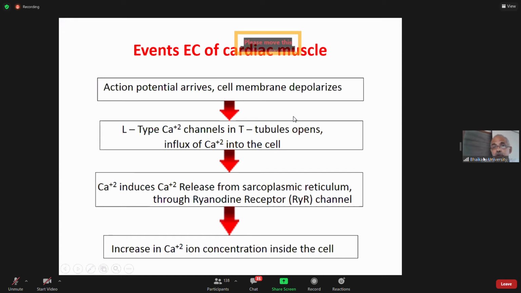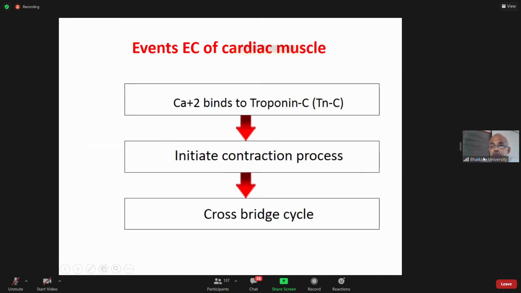The flow chart, we'll look at the flow chart. Action potential arrives and the cell membrane depolarizes. The L-type calcium channels in the T tubules open. Influx of calcium ions. Calcium ions induce release of calcium through the sarcoplasmic reticulum ryanodine receptor channel. Increase in calcium inside the cell. Calcium binds to troponin C. It will initiate the cross-bridge cycle contraction process.